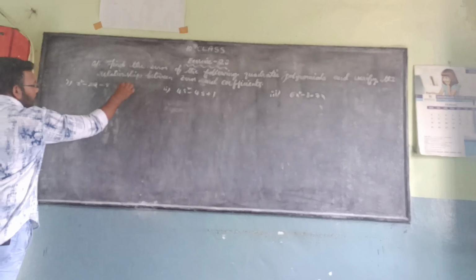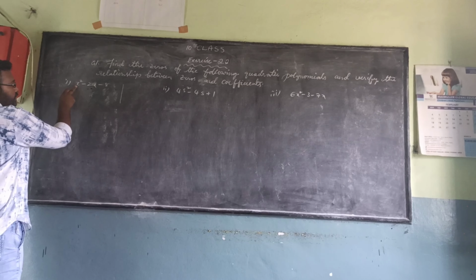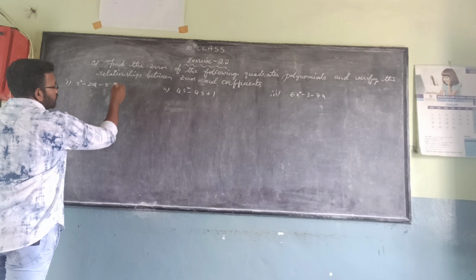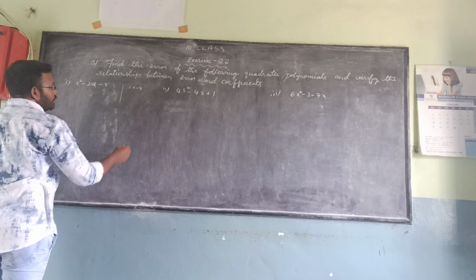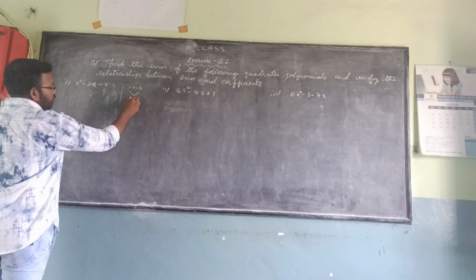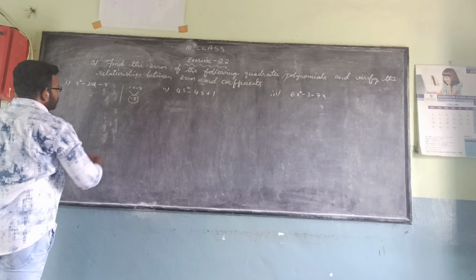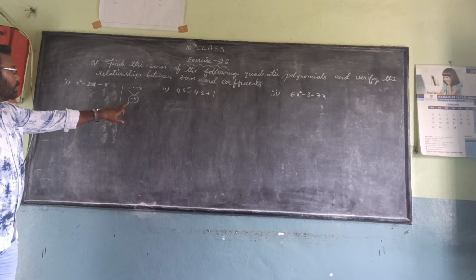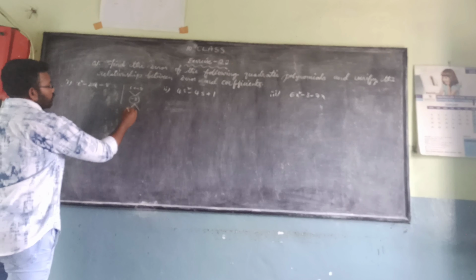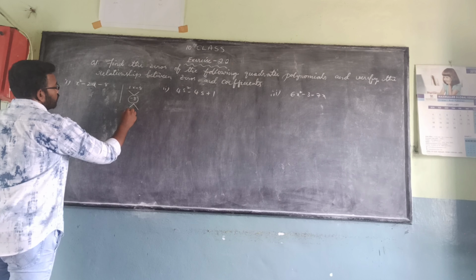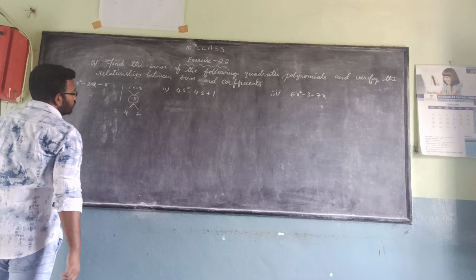Now we have to multiply the coefficient of x square and the constant term. Here the coefficient of x square is 1 and the constant term is minus 8. So it gives minus 8 as the product. Now we have to split it into 4 and 2, since 4 twos are 8.